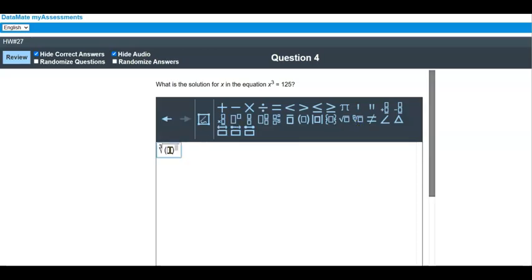That gives me x and the power of 3. And now I can arrow to the right outside of that character and press equals. And again, use that cube root key over here to type the index 3 and then to type the 125 underneath. Now I can press enter and just type with my regular keypad that x is equal to 5. That's another way that you can answer this question.